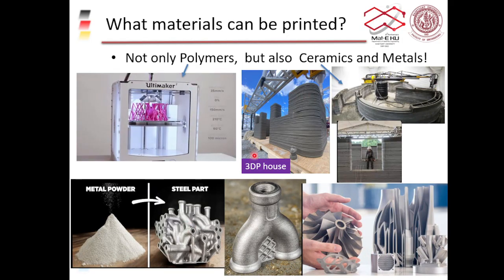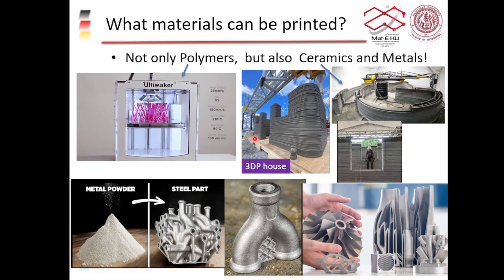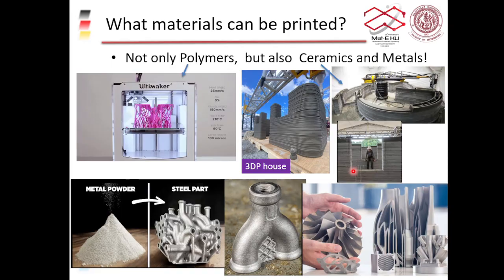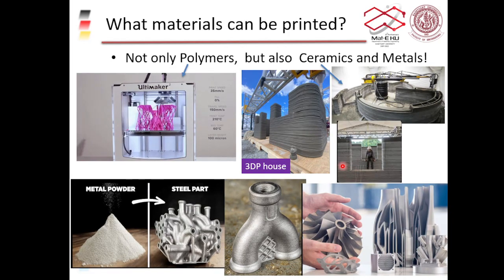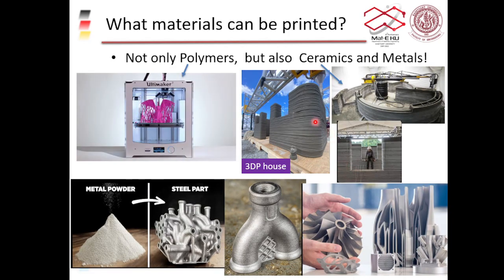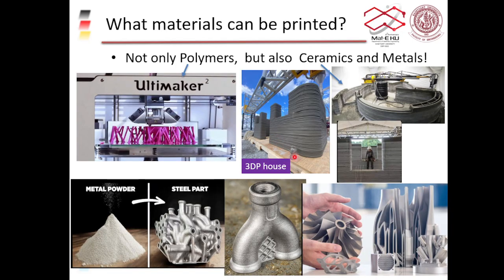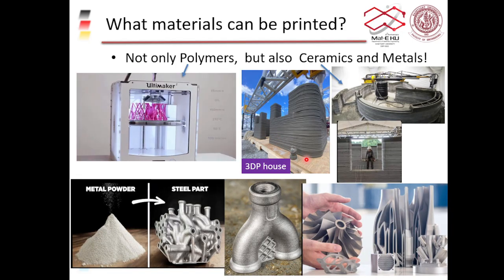Ceramics also can be 3D printed. There are 3D printed houses in China, in the US. There are some experiments doing that. In Thailand as well, if you are going in the Paramjet area, right?